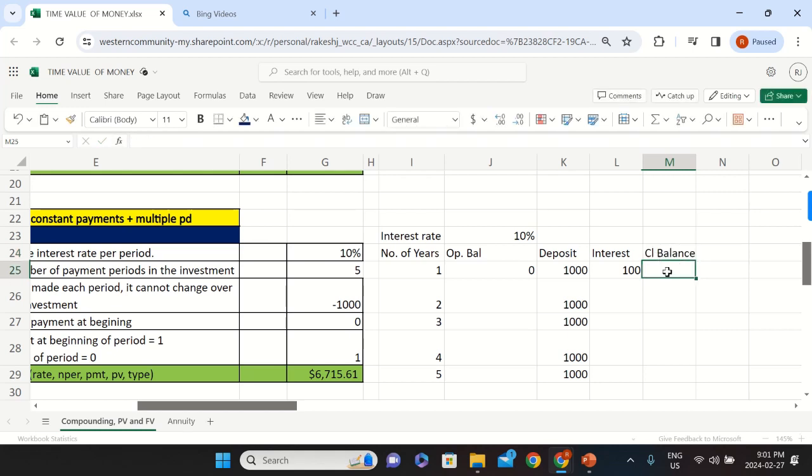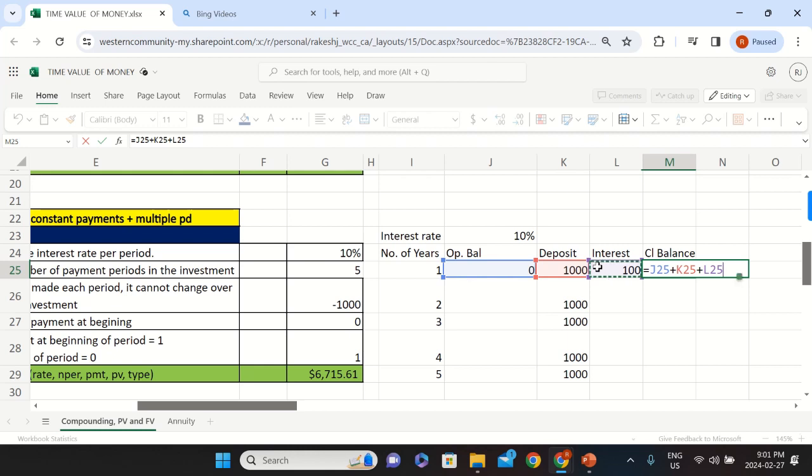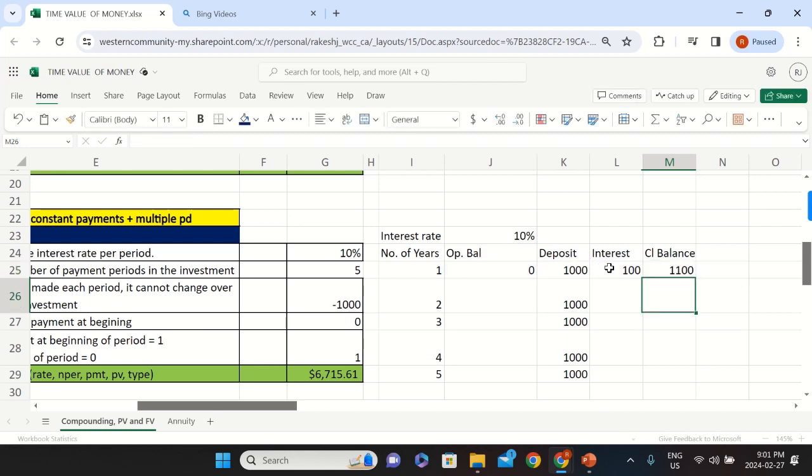So closing balance will be opening balance plus deposit plus interest. All these three will be added together, and that will become the closing balance. Now this closing balance will become the opening balance next year.